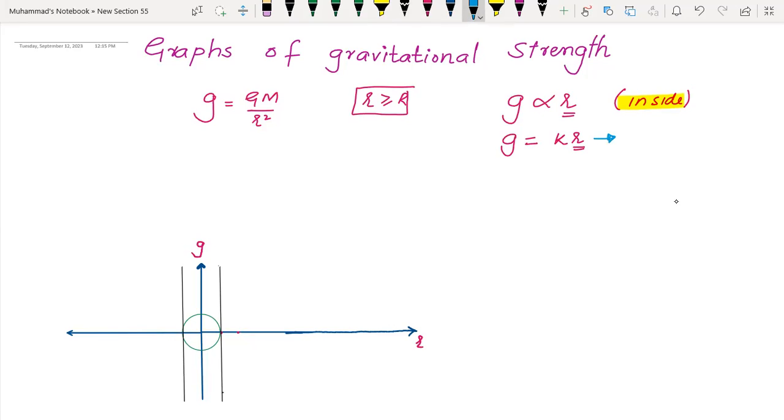When you are finding gravitational field strength, let's say at 5 kilometers or 500 meters away from the surface of the planet, then you will have to use this relationship. From this relationship, it is clear that gravitational field strength is inversely proportional to r squared.